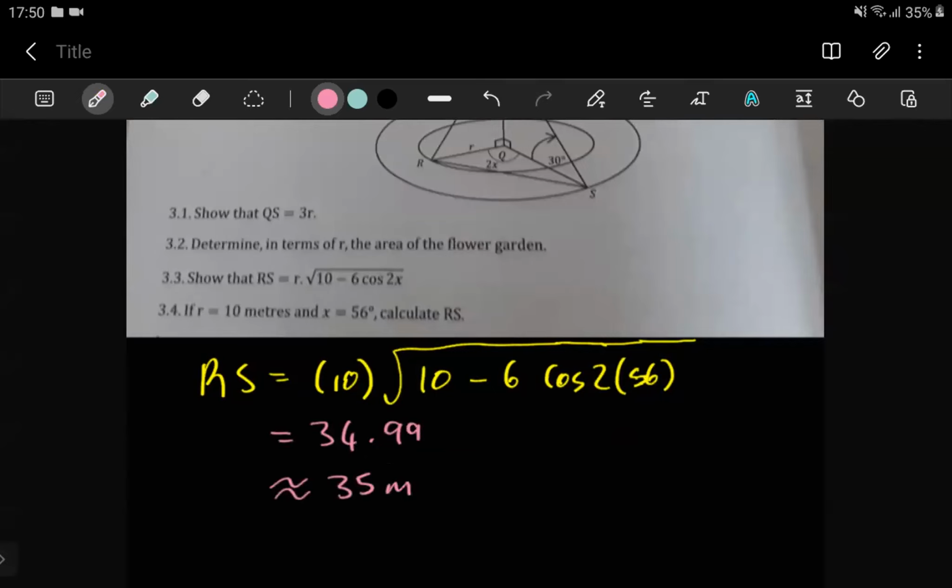Do you see? I think I made a mistake. Okay, what's your answer? What did I do wrong? It's PR time. 10 minus 6 cos 2 times 56.